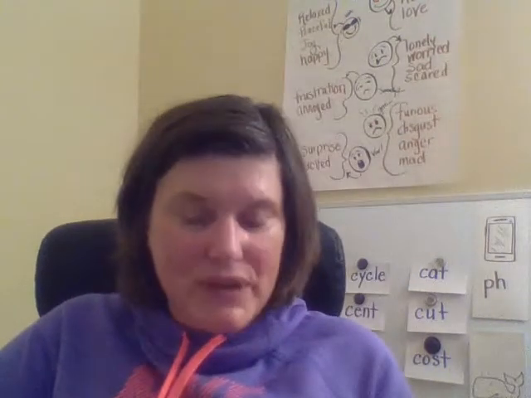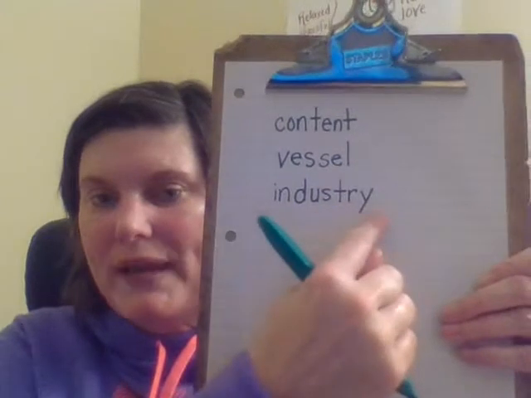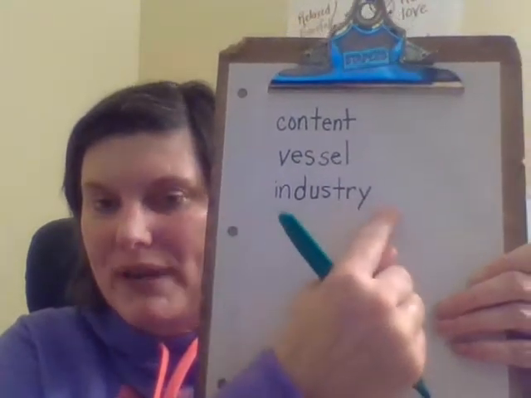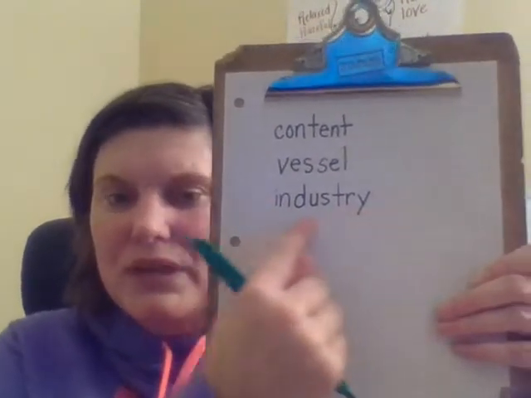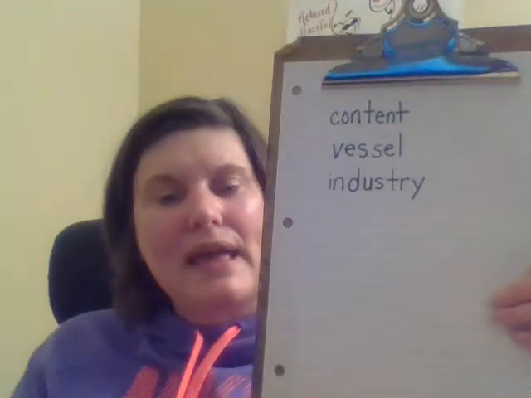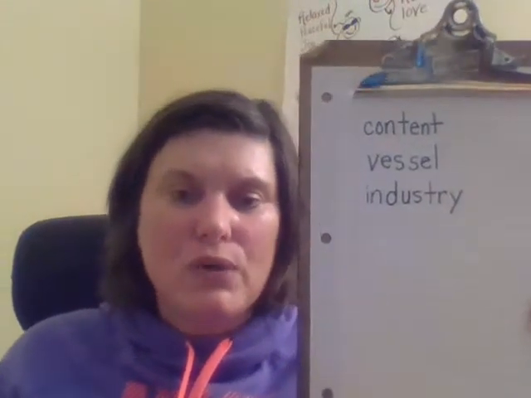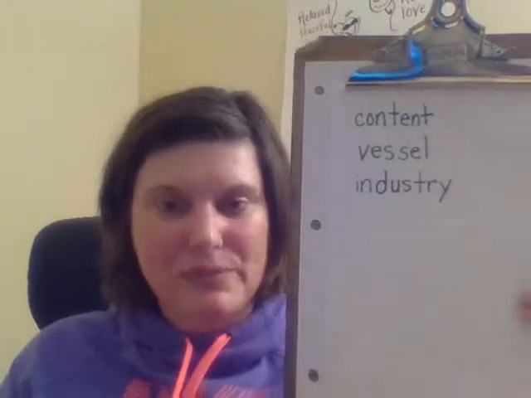Now, I know at the end of a multi-syllabic word, we use the Y to make the E sound. Tree. Industry. Look at that. That's a really complex word. And you see how you can use what you know about syllable types to spell it.